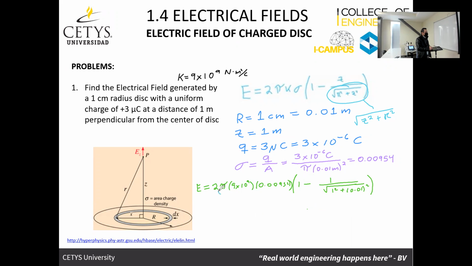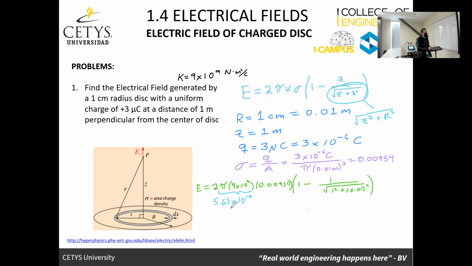First, give me the results of these three products: 2 times pi times 9 times 10 to the 9. 5.65 times 10 to the 10. Everybody verify that one. We got the same. Good.